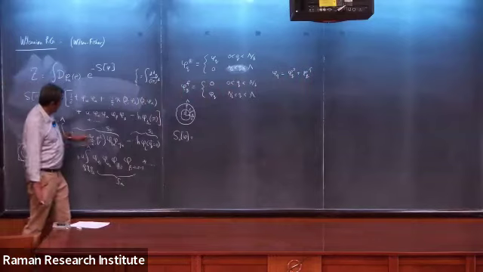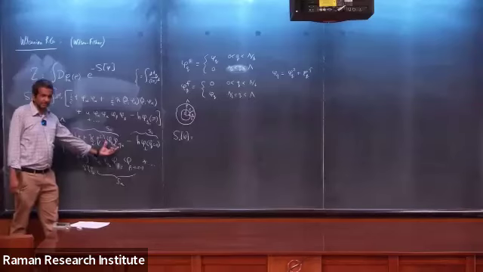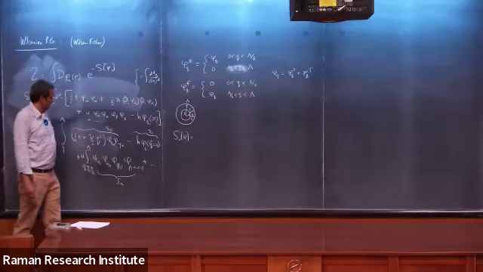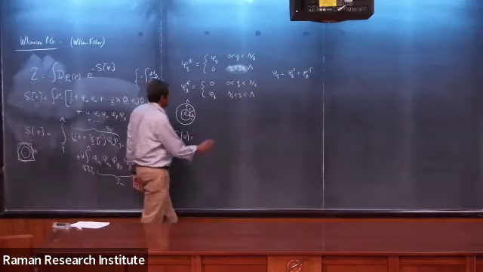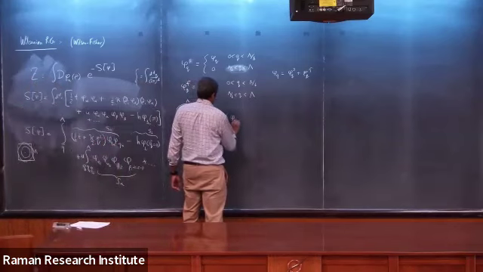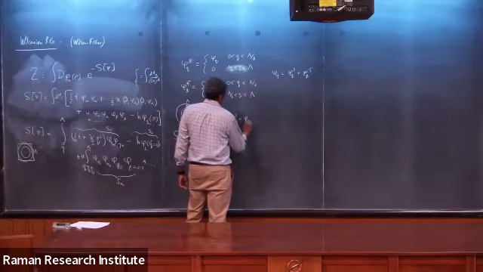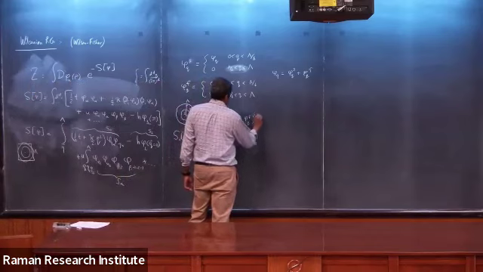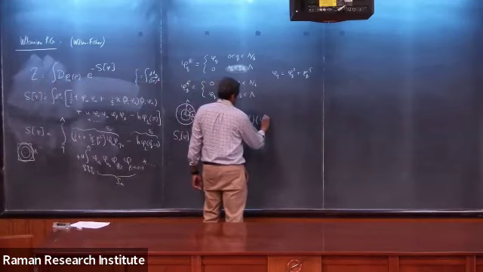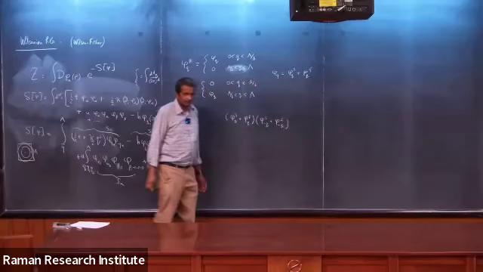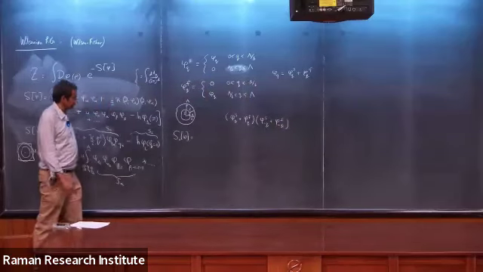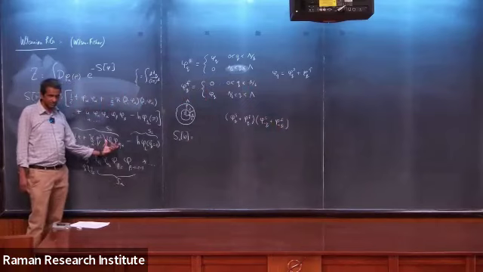And now I can substitute that here. What are the terms I'm going to get? Here you're going to get terms which are phi Q slow plus phi Q fast, then phi minus Q slow plus phi minus Q fast, just from expanding out this product.